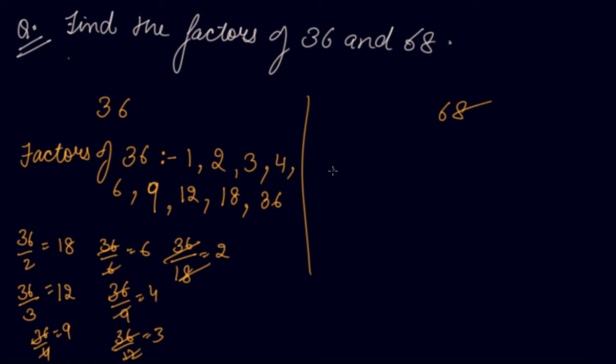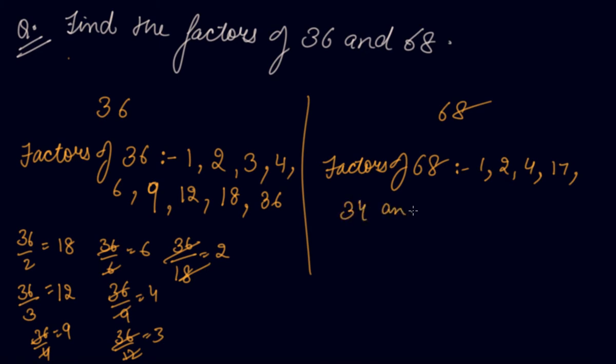Now if I say the factors of 68. 1 is a factor, 2 is a factor, then 4 is a factor, 3 is not a factor, then 8 is not a factor, 9 is also not a factor, then 17 is a factor, 34 is a factor, and 68 is a factor.